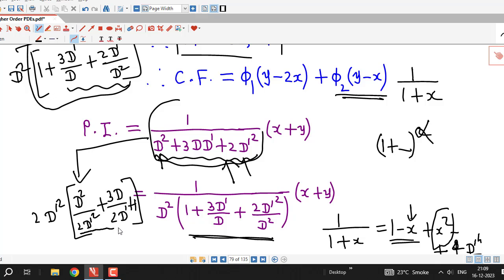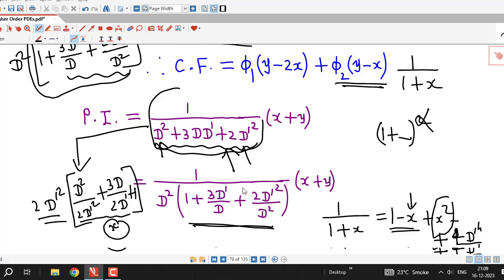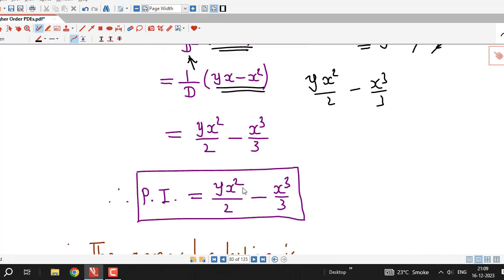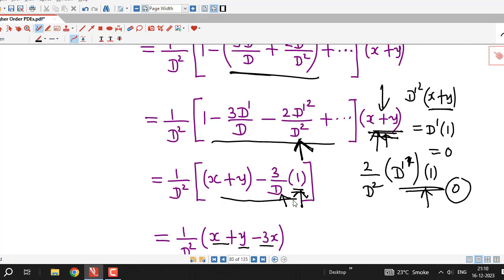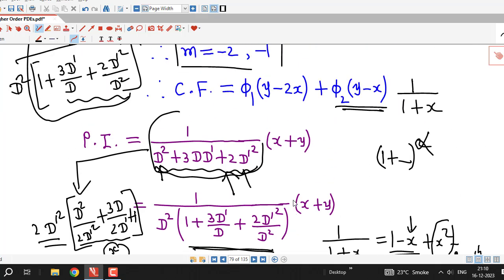So now this is going to be your x in that formula, 1 over 1 plus x, and there are chances that you will get a different solution. Whatever solution you obtain might be different from this particular integral, because this particular integral is obtained by taking D square common.